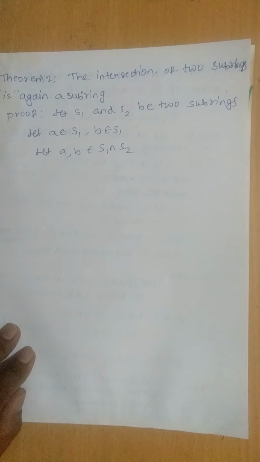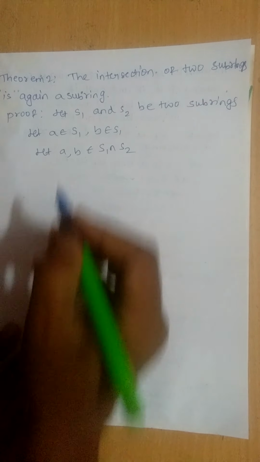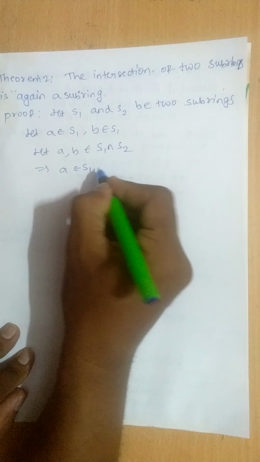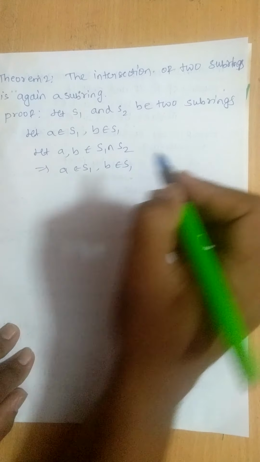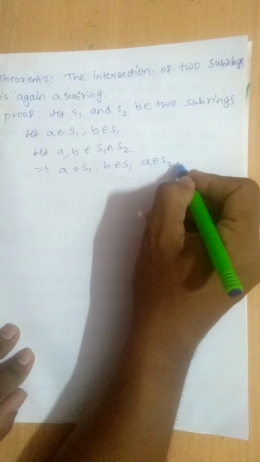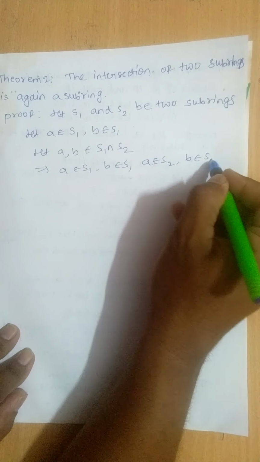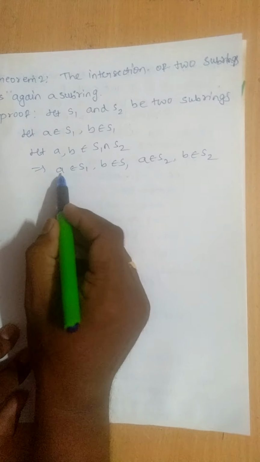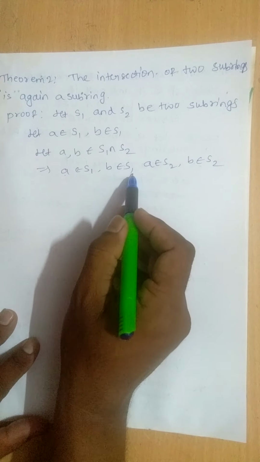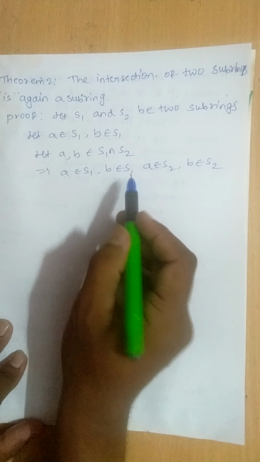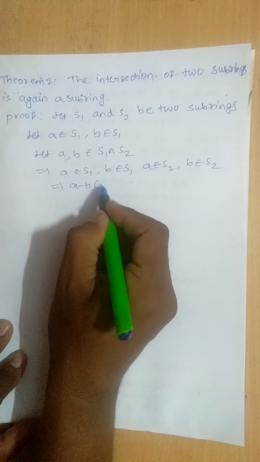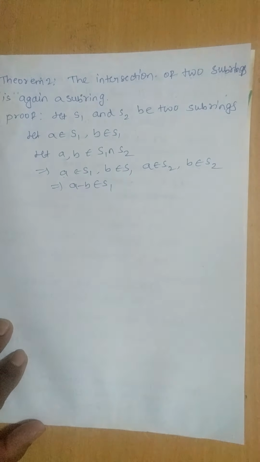This implies a belongs to S1, b belongs to S1, and a also belongs to S2, b also belongs to S2. Since a and b belong to S1, by the previous theorem a minus b belongs to S1.